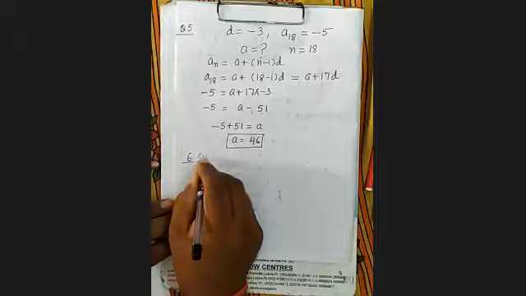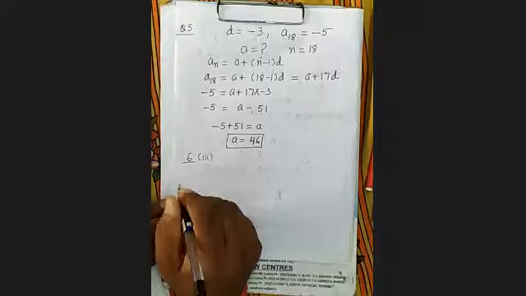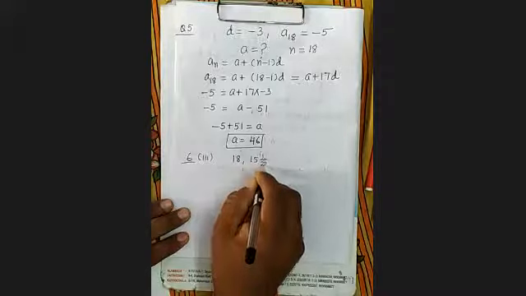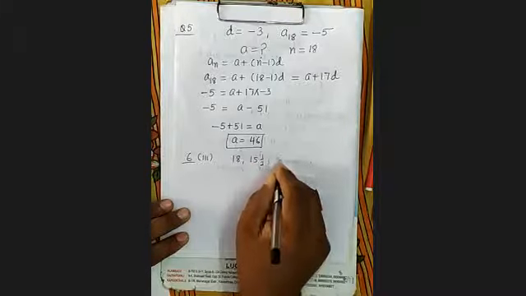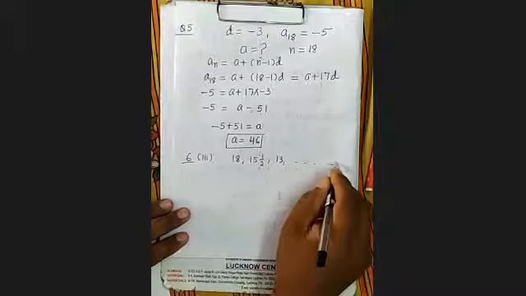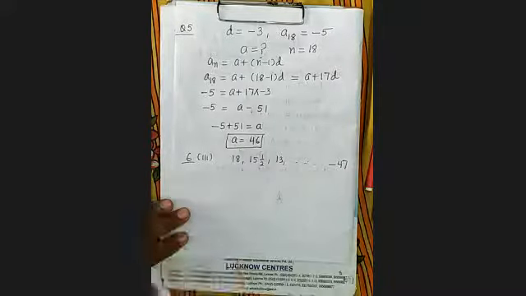Now question number 6. I will tell you third part. Here it is given 18, 15 and a half, 13, and so on, minus 47. Now see here, question is saying which term of the AP 18, 15 and a half, 13 is minus 47.